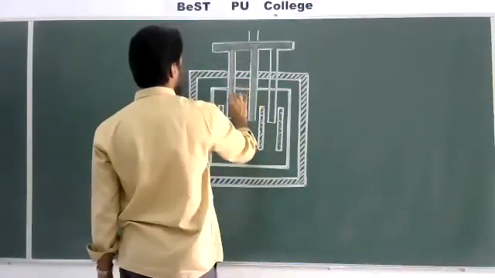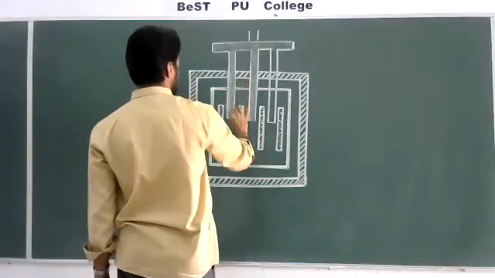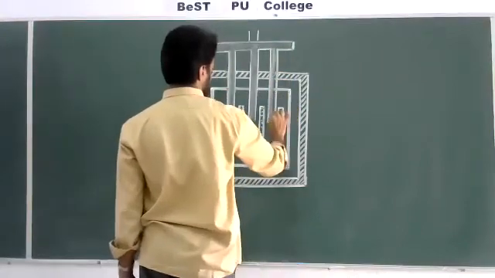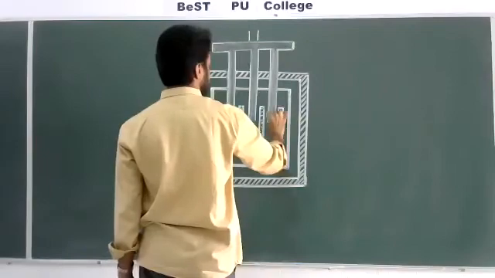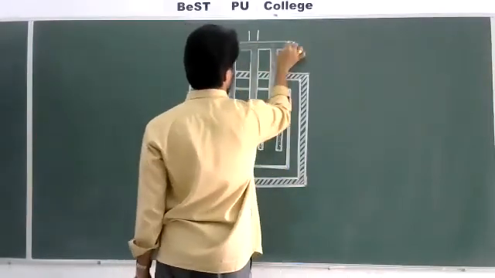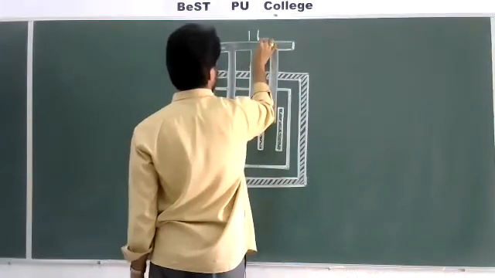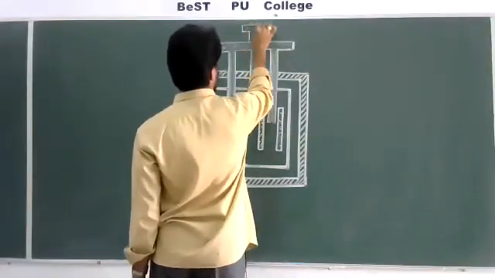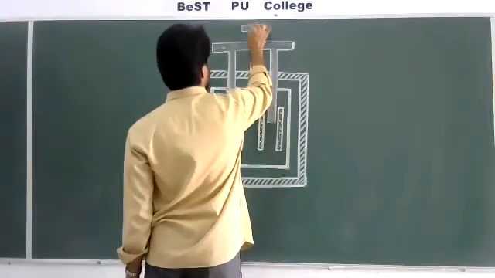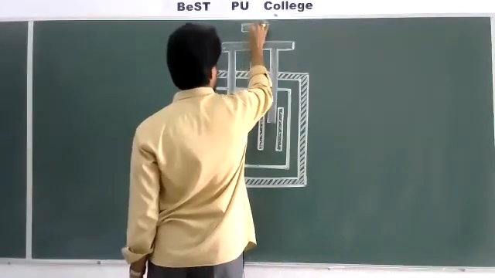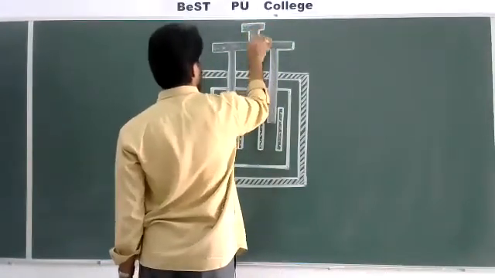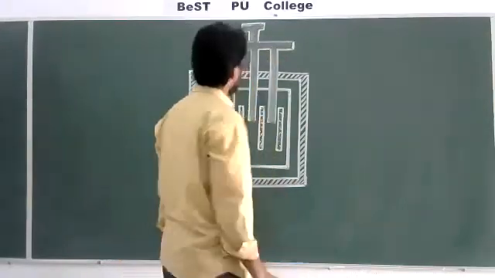Examples: cadmium, boron, hafnium, etc. So they are called control rods.